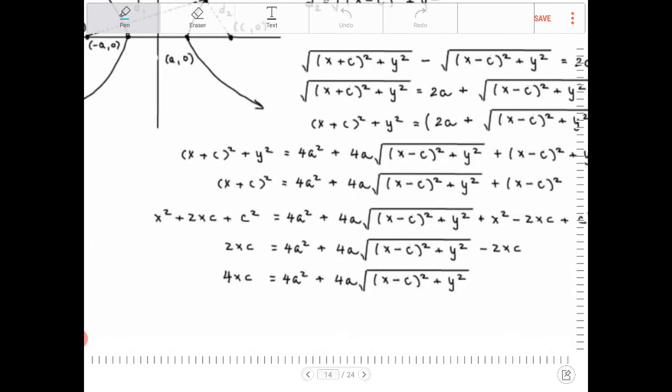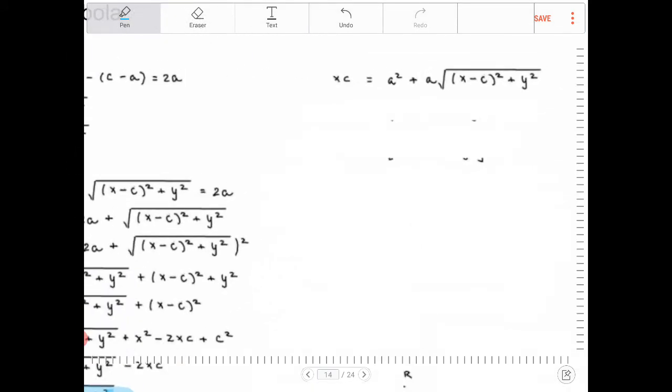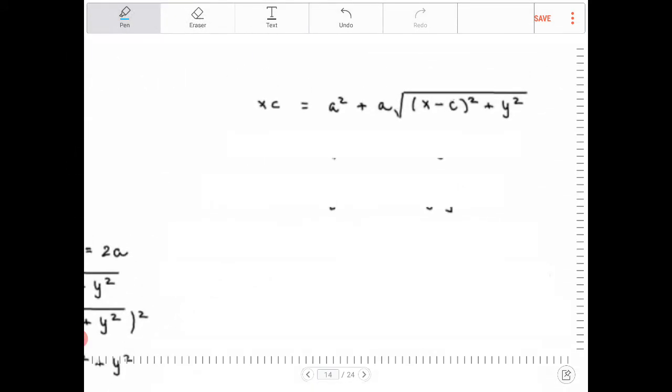Well, actually, no. I divide both sides by 4 before I subtract 4a squared. There's a common factor of 4. And now I'm going to subtract a squared from both sides. And in an attempt to get rid of the square root, I'm going to square both sides once again.